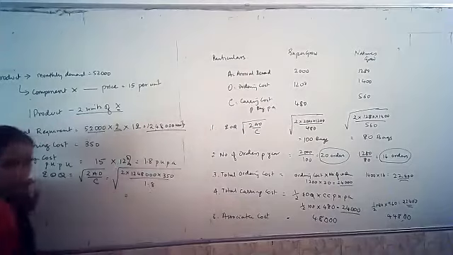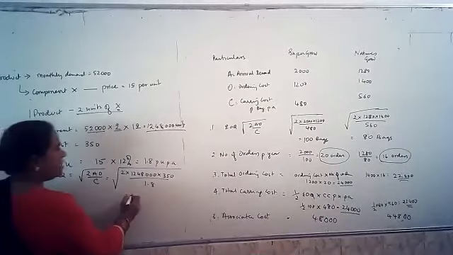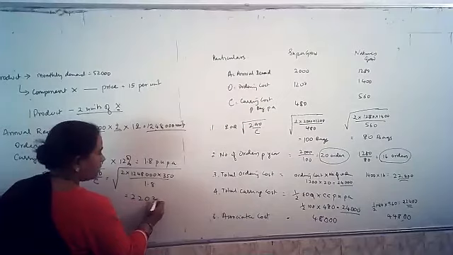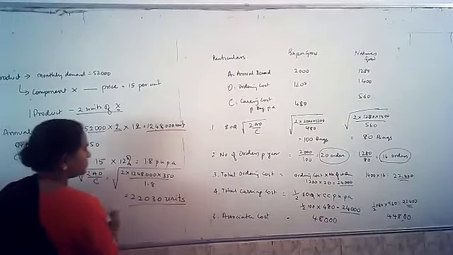Let's calculate. 2 into 12,48,000 equals 24,96,000 multiplied by 350 divided by 1.8. Take the root. So that comes to approximately 22,030 units. This is EOQ.